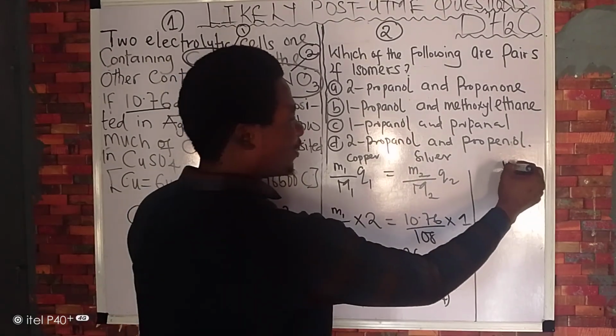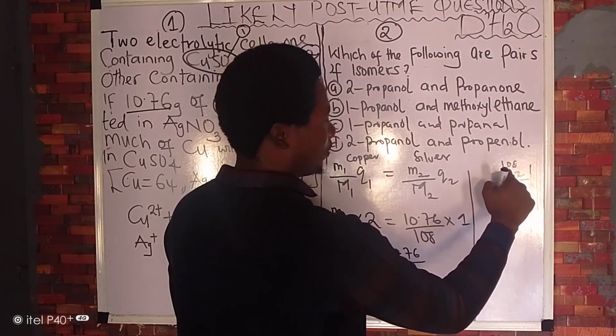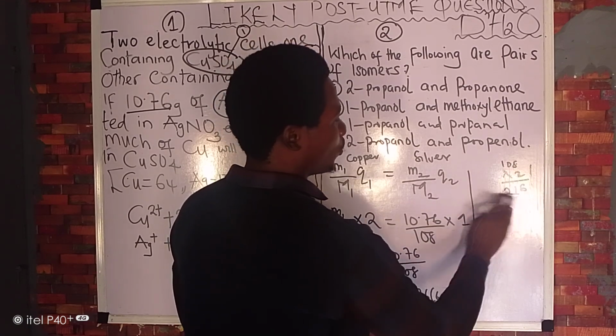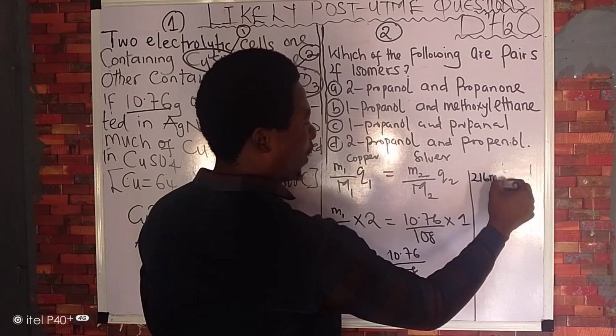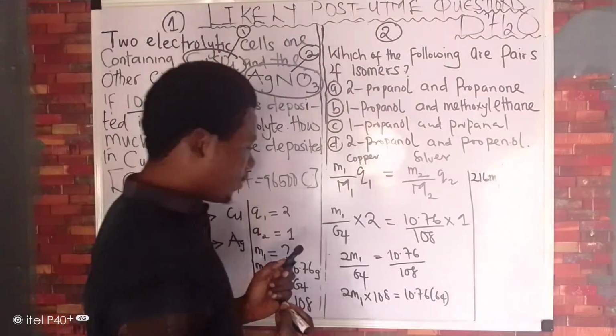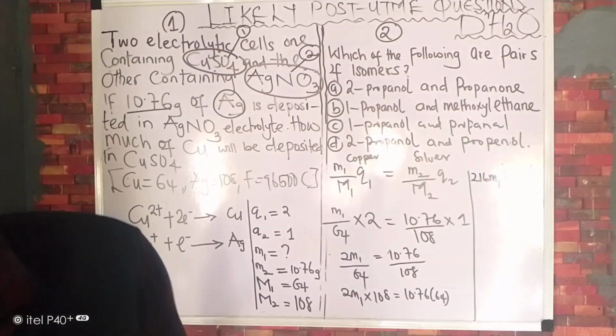Let's do 108 times 2, which is 216. So what we have here is 216M1 equals 10.76 times 64.